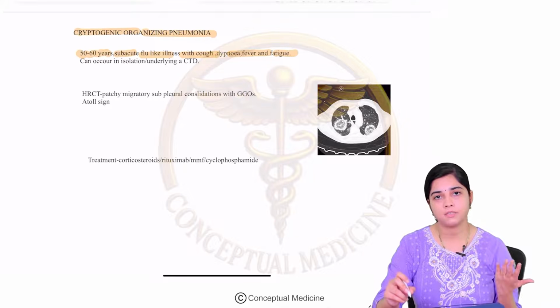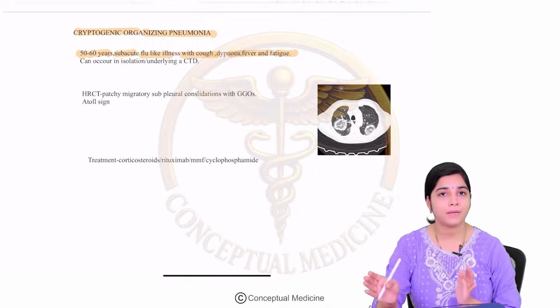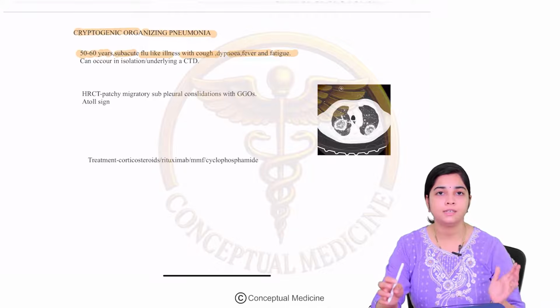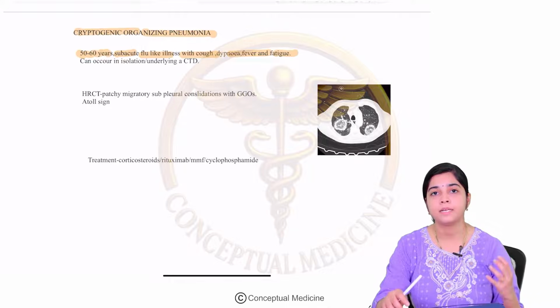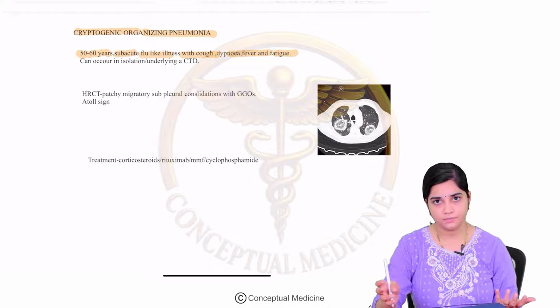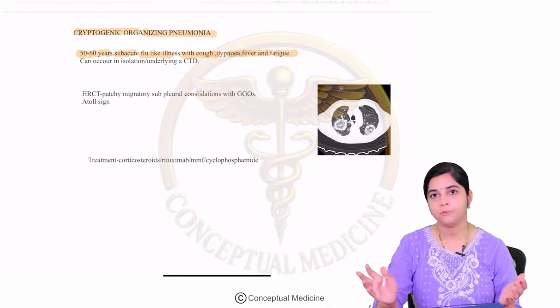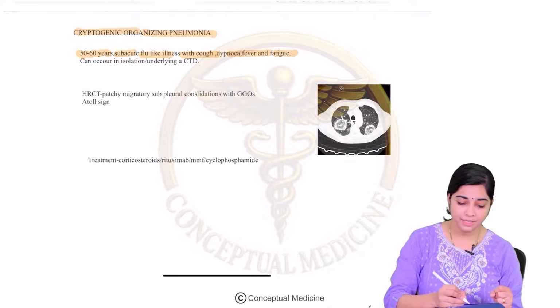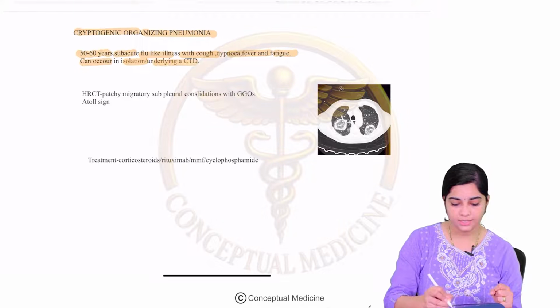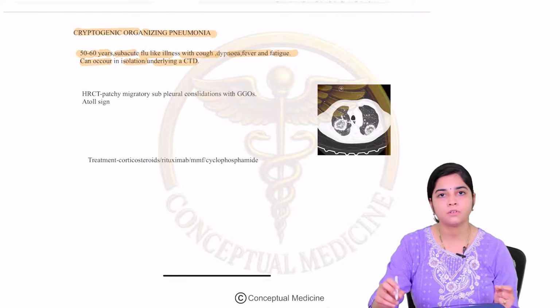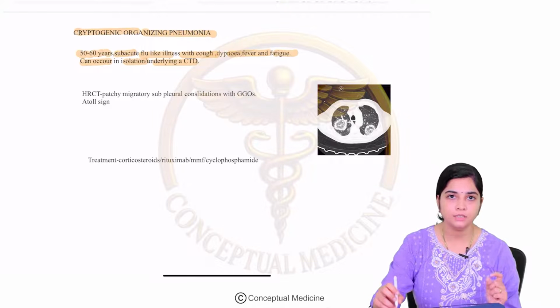Many a time this organizing pneumonia, though it is a pattern of ILD, initially has an infectious trigger, and hence most of these patients present with a picture of a lower respiratory viral or lower respiratory bacterial infection. Okay. Sometimes it can occur in isolation or underlying a CTD, but most often the trigger is infectious in nature.